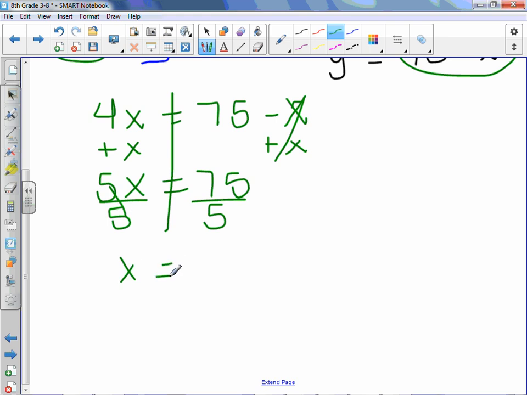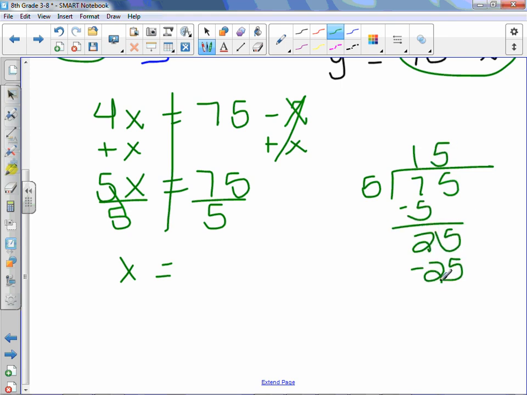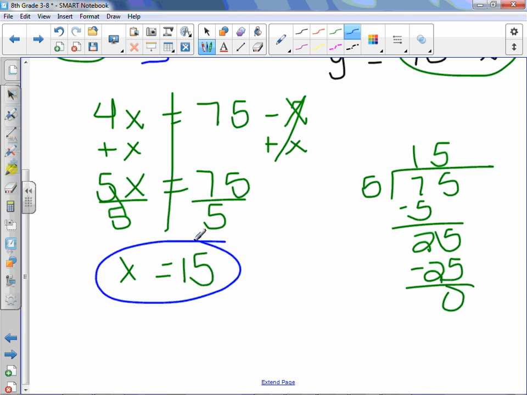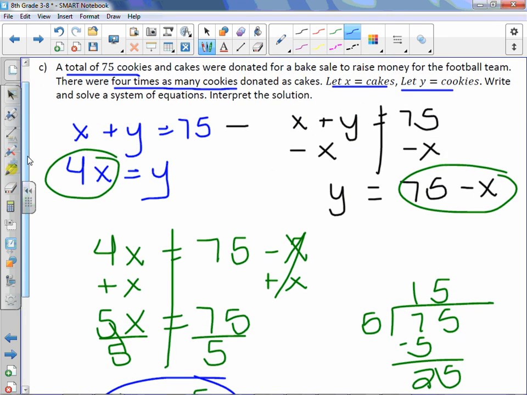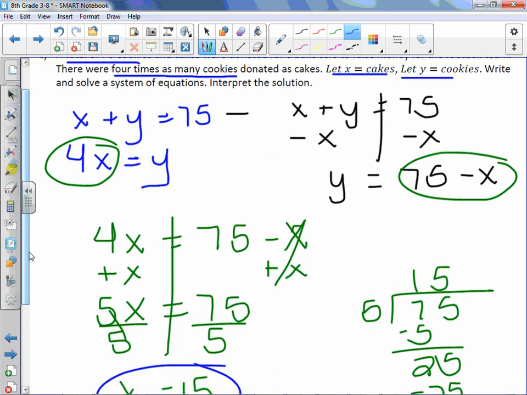x equals, well, 5 into 75, 15. Now that we have an x value, plug it into either equation. I'll choose the second one this time.